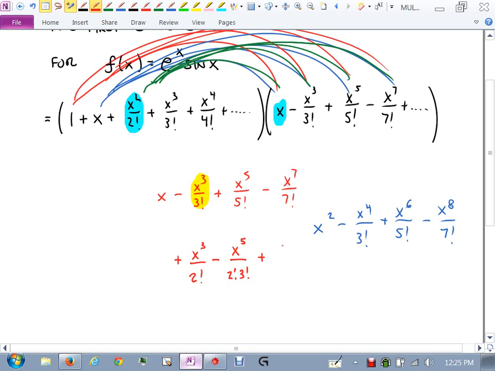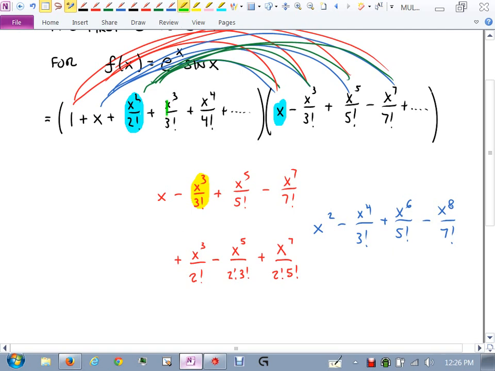Positive x to the 7 over 2 factorial, 5 factorial. Now remember, we're going to be adding this together with these. And what I'm doing is I'm lining them up so that when I add them, they're kind of grouped together in columns. Do y'all see that? And now I move to the next one.